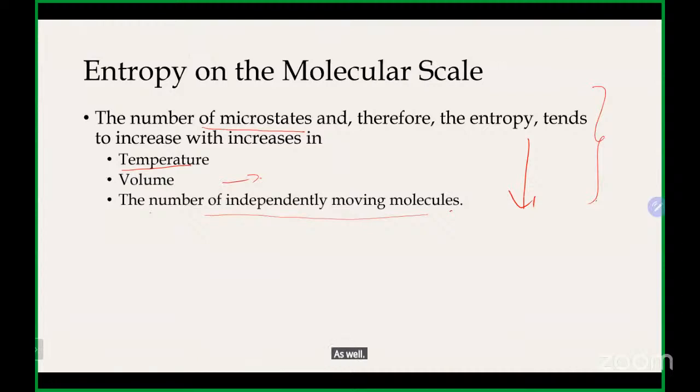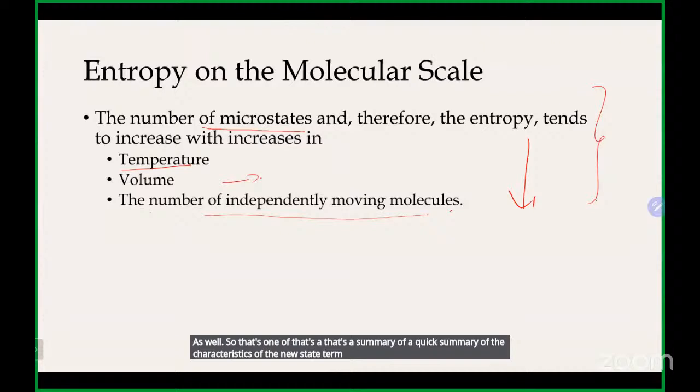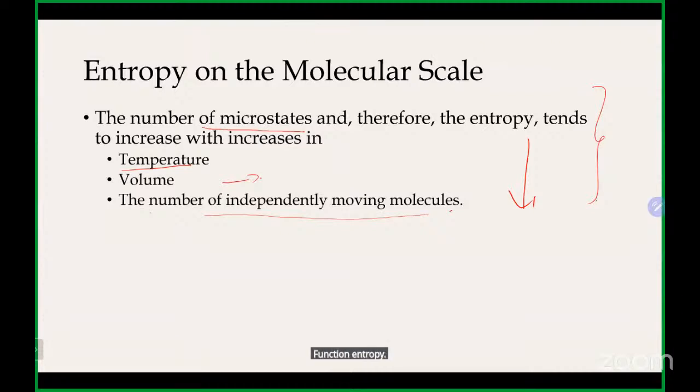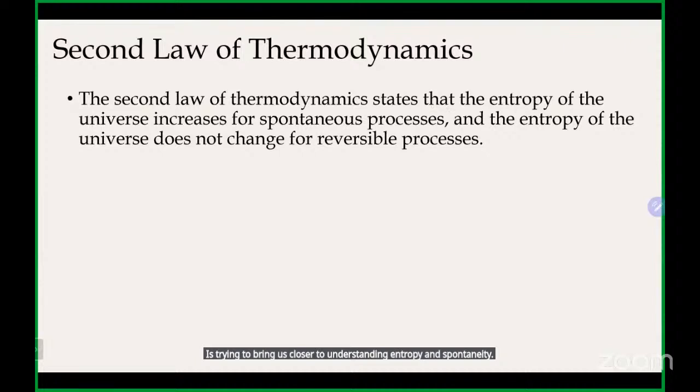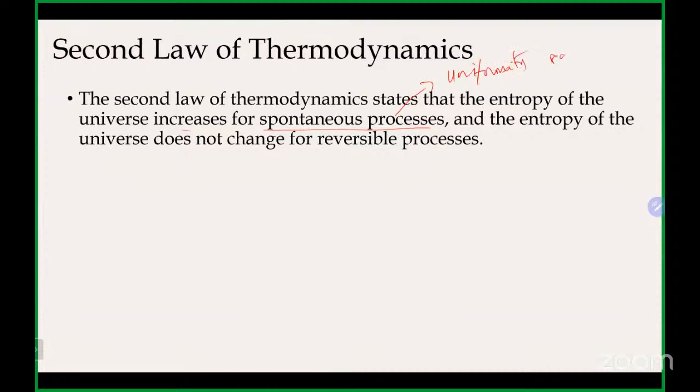So that's a quick summary of the characteristics of the new state function, entropy. According to the second law of thermodynamics, which is trying to bring us closer to understanding entropy and spontaneity, it states that the entropy of the universe increases for spontaneous processes, because spontaneous processes are moving towards uniformity or randomness.